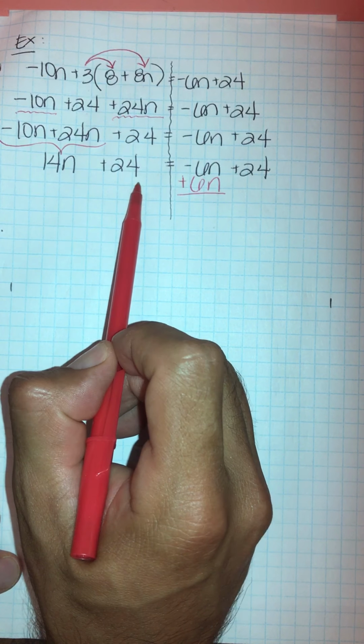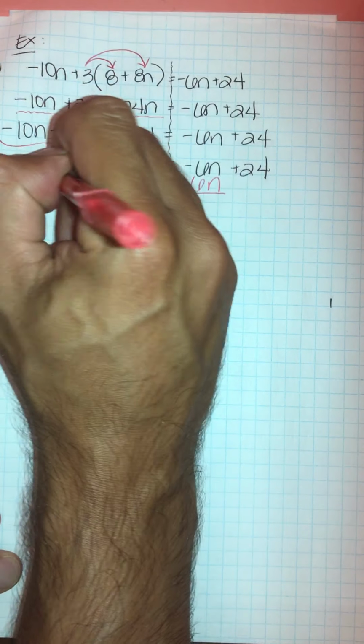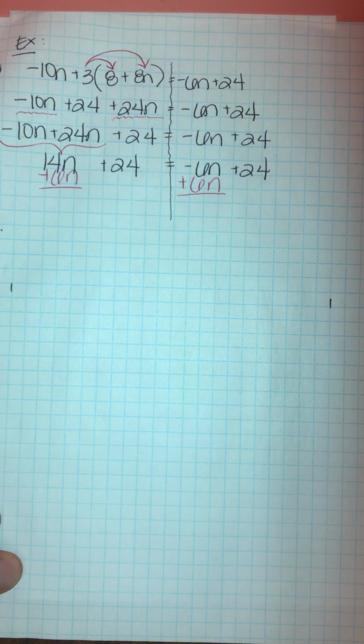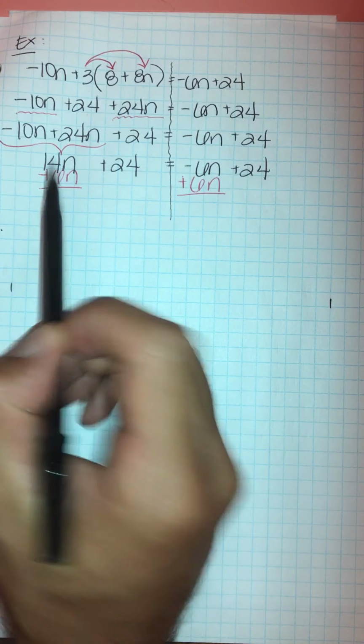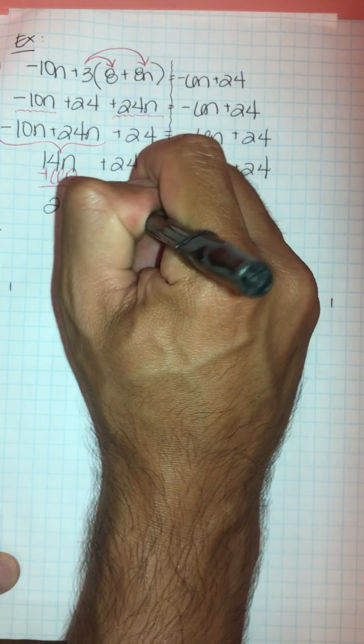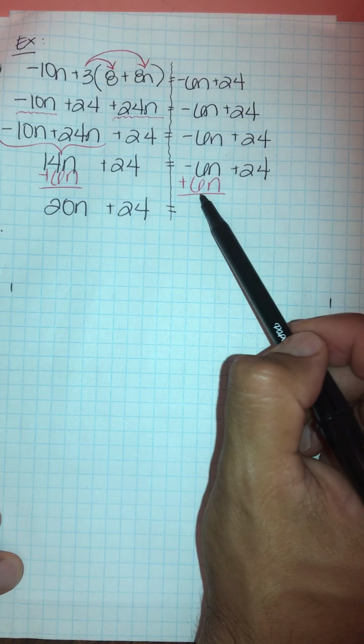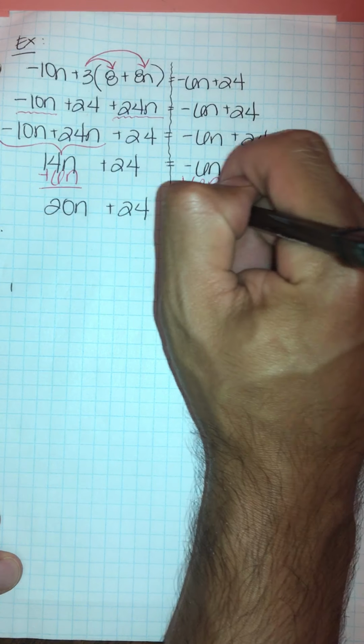It does not have an n. I have to go along where the n is at, here. So I'm going to say plus 6n. 14n plus 6n is 20n. Bring down the 24 equals, these two cancel, and I'm left with 24.